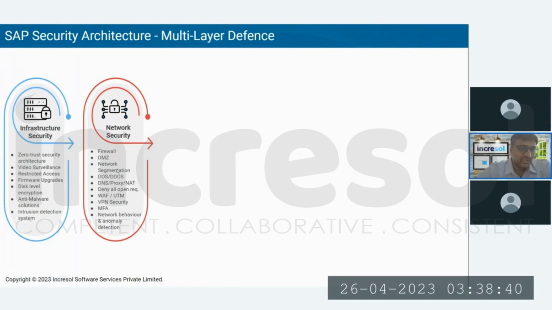So it's always better to have a separate network segment for backup, a separate segment for the administrative systems, a separate segment for the development and quality servers, and a separate segment for production, with limited access between these network to network communications. That is always advisable instead of keeping everything in a single network segment. That will at least help so that if any penetration happens, it spoils only that particular segment rather than affecting everything.